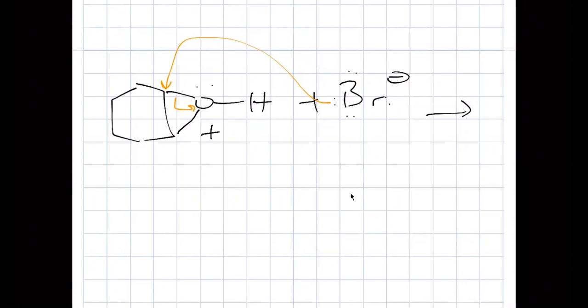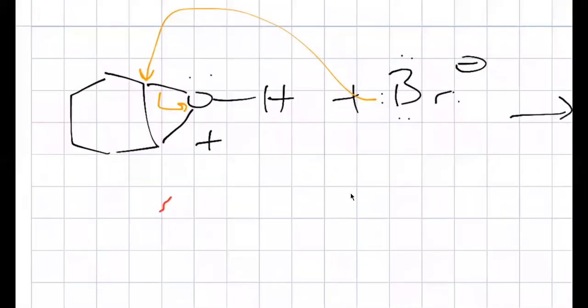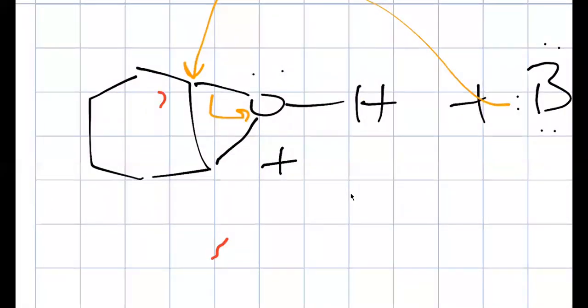The reason why the bromine is hitting that carbon is because the oxygen, even though it's positive, has a full octet, so it's not going to take another pair of electrons. But that carbon is partially positive because it's connected to an oxygen that's positive, right? So this is partially positive because the oxygen is sucking all the electrons towards itself in that sigma bond. It's a big dipole going towards oxygen, right?